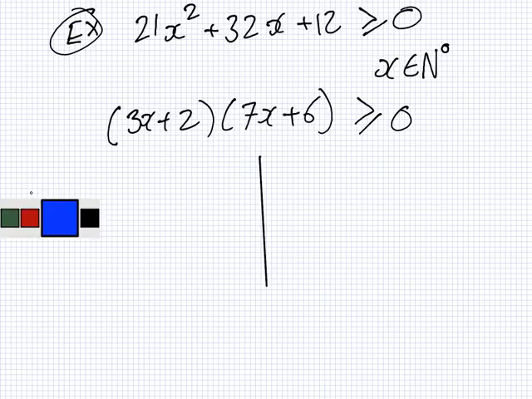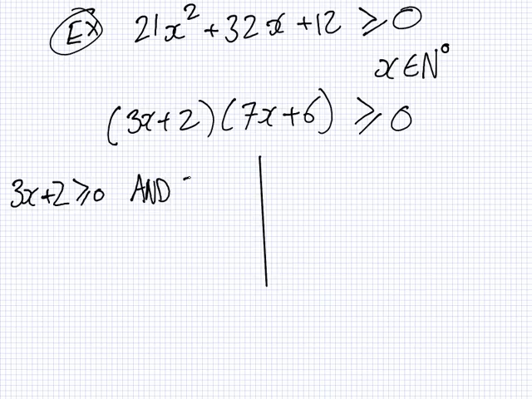So the first way is that 3x plus 2 is positive and 7x plus 6 is positive. That's one way two numbers could be positive when they're multiplied.